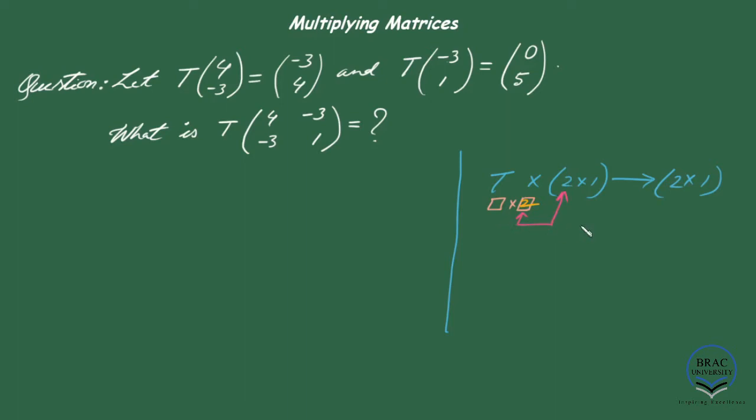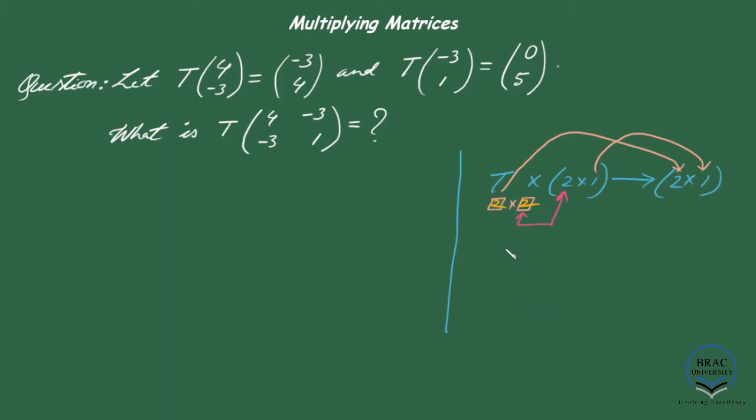Okay. Now we know that the order for the resultant matrix can be found from here. The column for the second matrix will be the column for the resultant matrix, and the row for the first matrix will be the row for the resultant matrix. So since we performed this multiplication successfully and the row for the resultant matrix is 2, from here we can infer that the row for the matrix T would be 2.